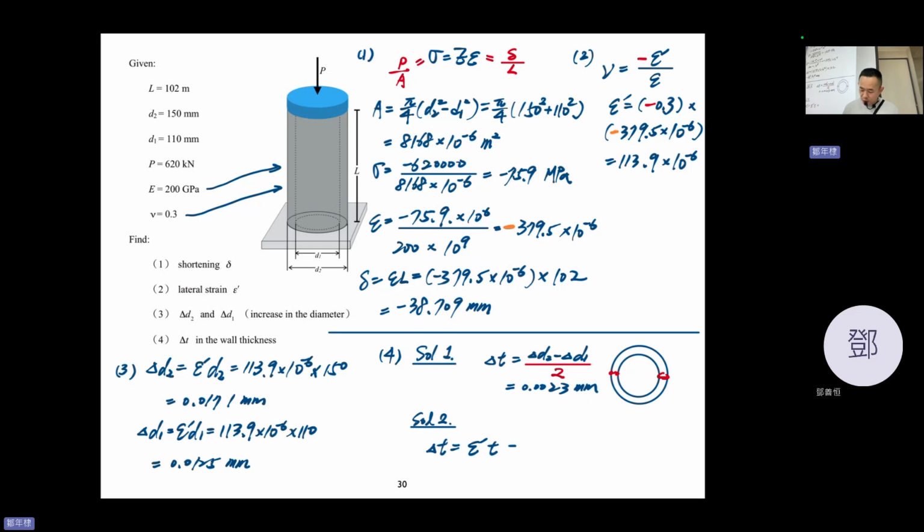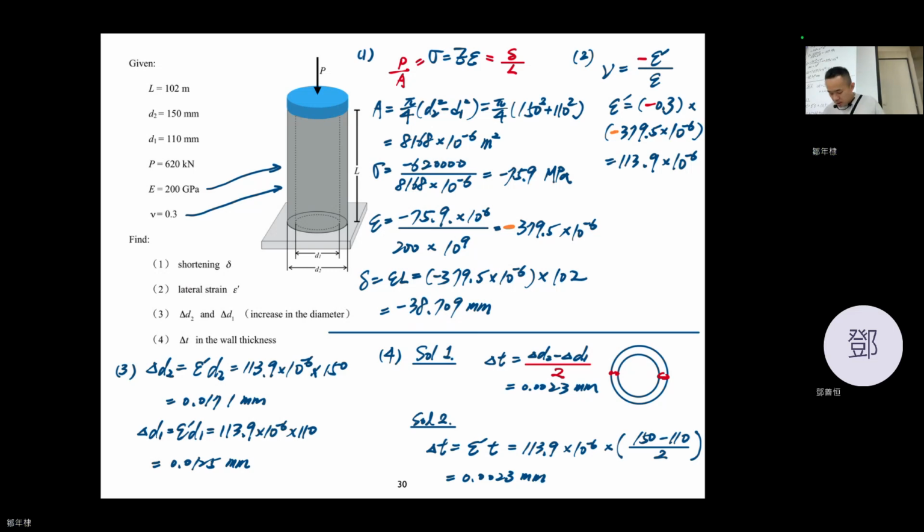It equals 113.9 times 10 to the minus 6 times T, 150 minus 110, divided by 2. You got exactly the same value.